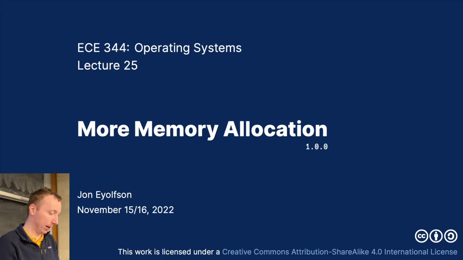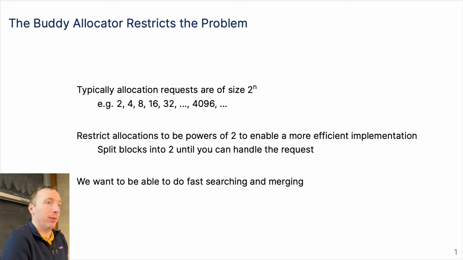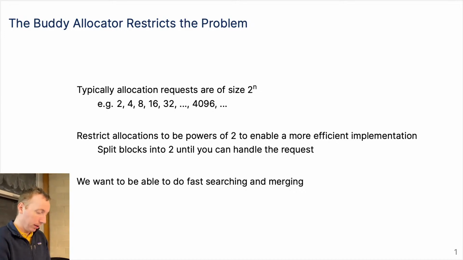But anyways, let's take a brief detour to more memory allocation and what the kernel actually does in terms of allocation strategies. One of the allocators the kernel actually uses is something called a buddy allocator, and it restricts the problem to try and minimize any external fragmentation. Typically, it just deals with allocation requests of size power of 2.